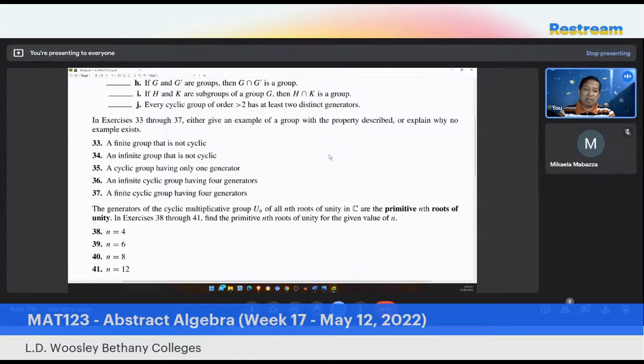And then for an infinite group, these are categories such as the real numbers, rationals, and others. These are called infinite groups. An infinite group that is not cyclic means you have a group under some operation. What will be the potential operation?